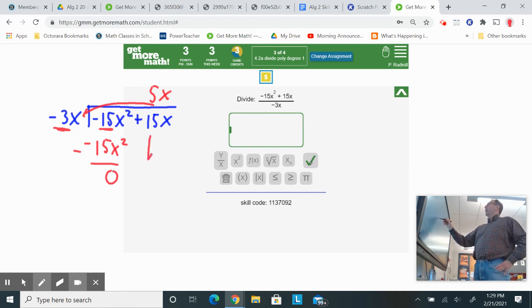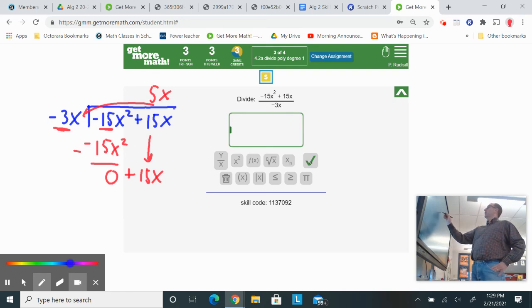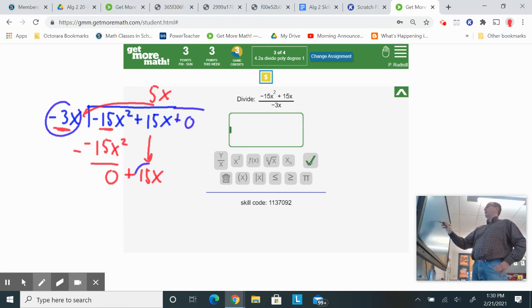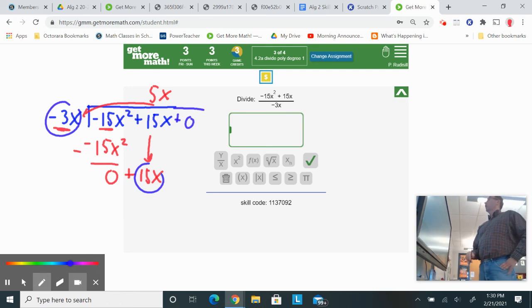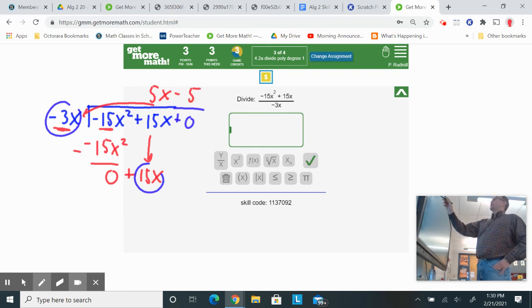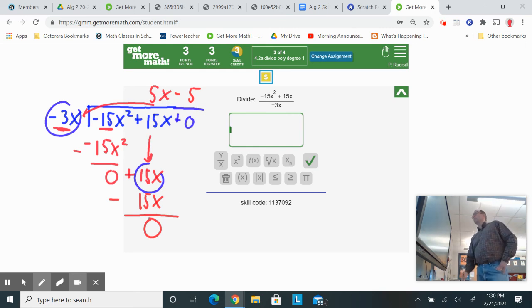So I bring down the 15x, and now I just need to extend my long division here. There's nothing else at the end here, so I'm looking to see negative 3x goes into 15x how many times? Well, it goes in negative 5 times. So I'm going to put a minus 5 here. Negative 5 times negative 3 is positive 15x. When I subtract, I get a remainder of 0. So 5x minus 5 is my quotient.